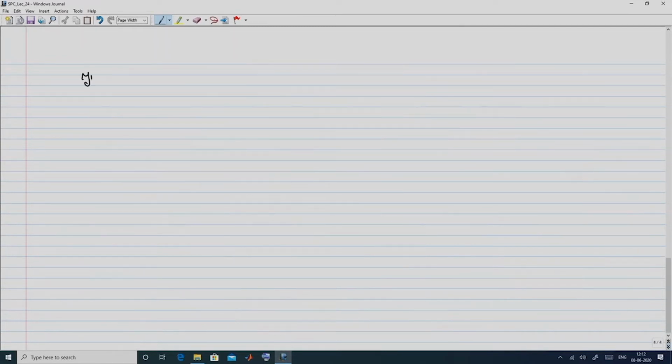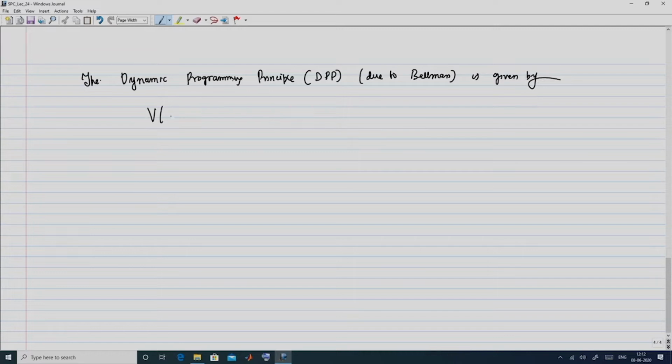Okay, so now once we have all the background work done, we are now in a position to talk about the dynamic programming principle or DPP due to Bellman, which is given by the following: the value function at time t, when the wealth level at time t is x, is going to be given by the supremum of the expected value.